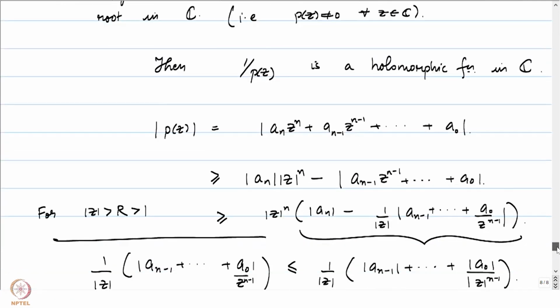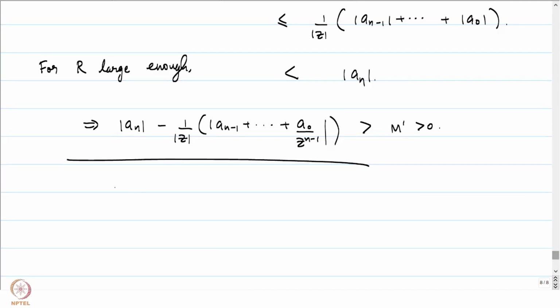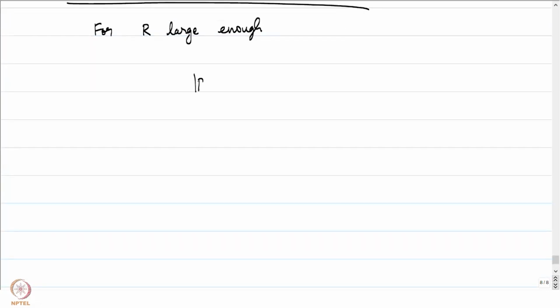And therefore, what do we have? We have, for R large enough, mod p of z is going to be greater than mod z to the power n times m prime, which is greater than R to the power n times m prime.